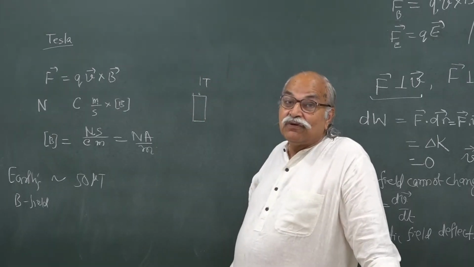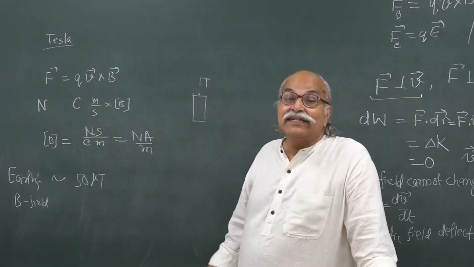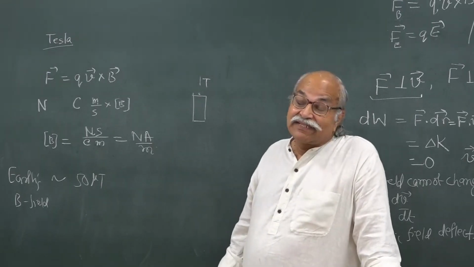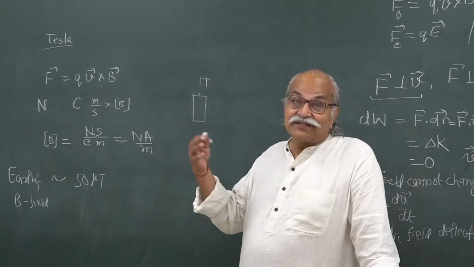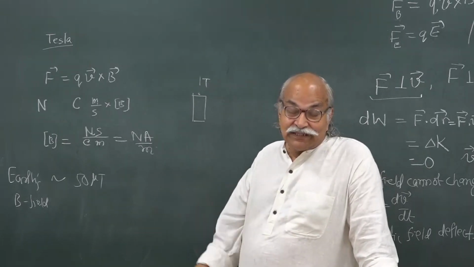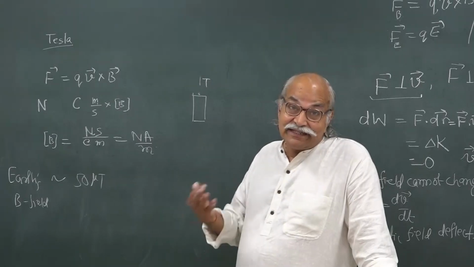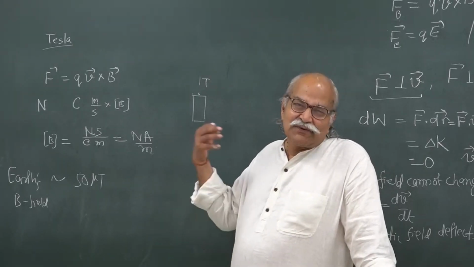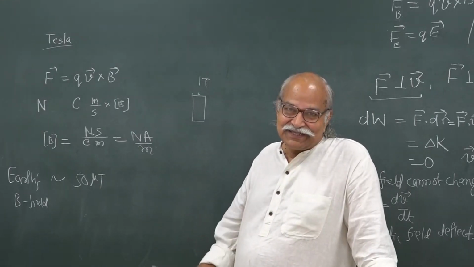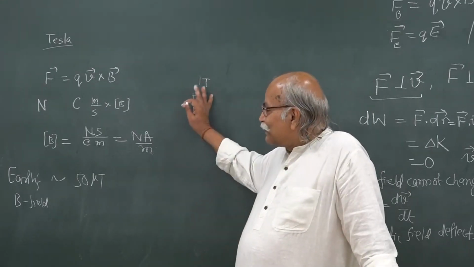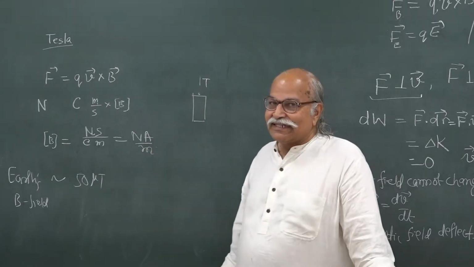But if you want to get 10 Teslas, 20 Teslas, then yes, huge arrangements are to be done: large currents have to be generated in large coils, and then you have all cooling arrangements, superconducting coils and so on. So, this is the kind of units the magnetic field has.